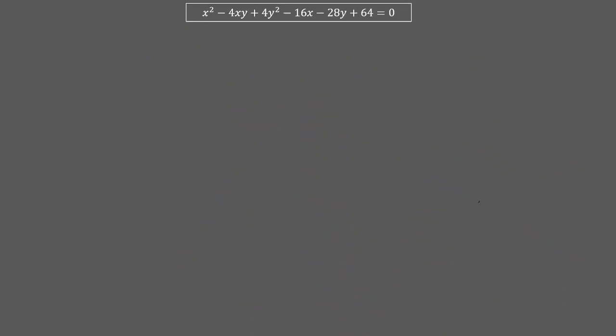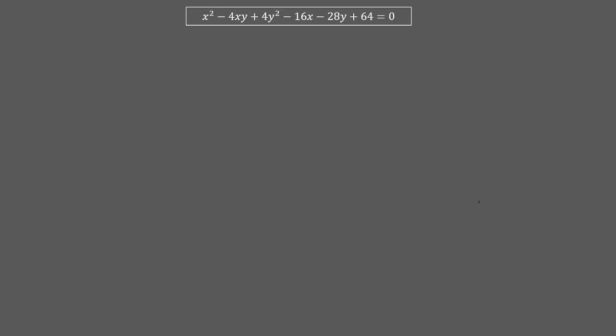Let's see how I will use this to find the vertex, the axis, the focus, and the directrix of this twisted parabola. I will rephrase it as a quadratic in y. I have a y squared term, a term with a variable coefficient of y, and another term I can treat as a constant.